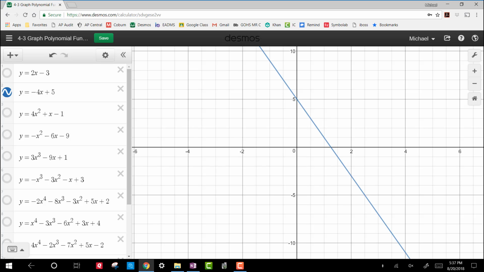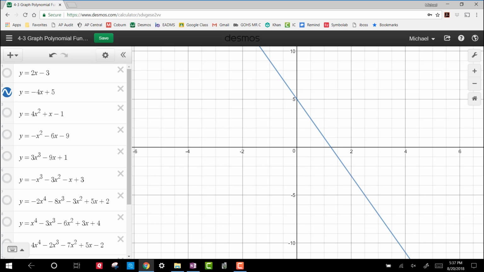Now this graph comes down. Hopefully that makes sense because the graph is y equals -4x. So that's a negative slope, which means it comes down as you read from left to right. My y-intercept is 0, 5. I have exactly 1 x-intercept on this graph. It's a straight line. So as x goes to infinity, as x gets to the bigger side, y is going down, down, down.